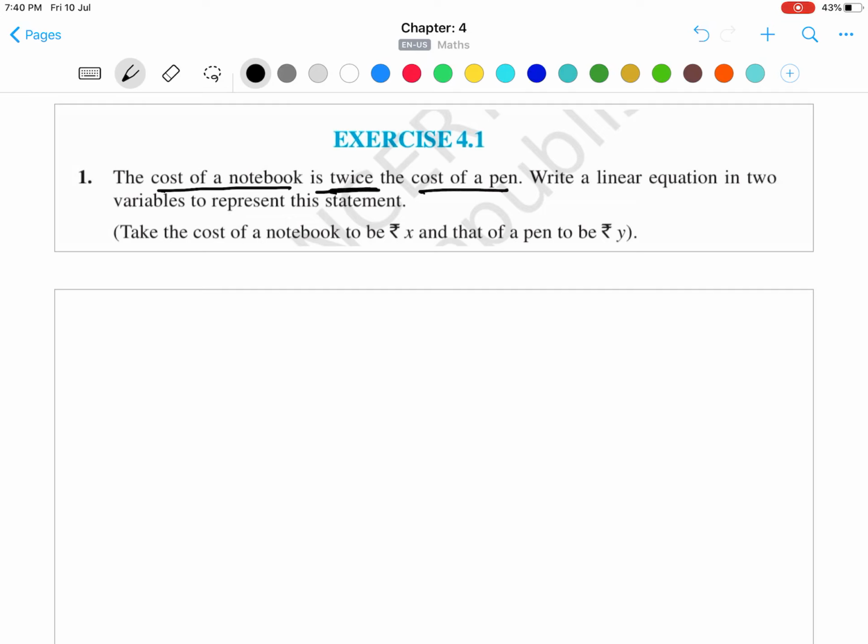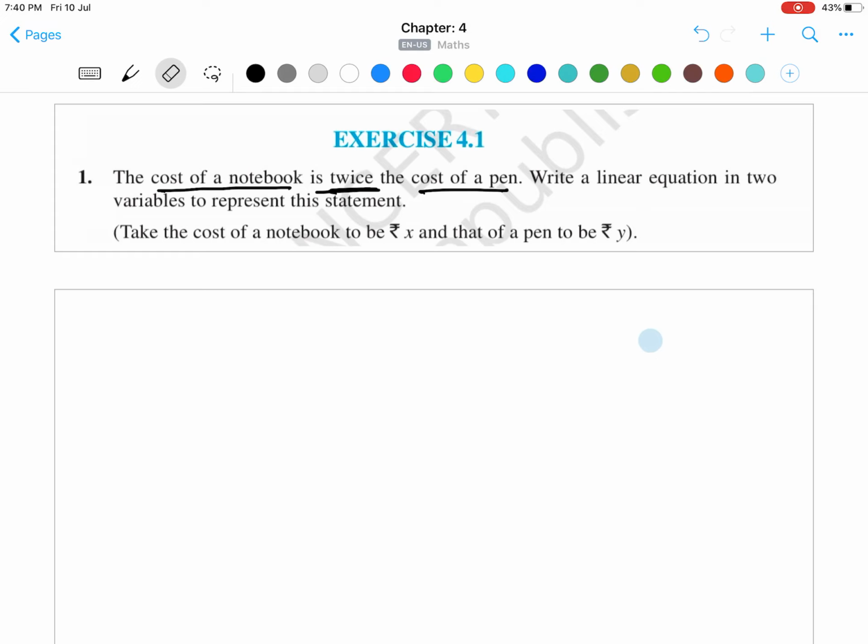That means if the cost of pen is 1 rupee, the cost of notebook will be twice, that is 2 rupees. If the cost of a pen is 5 rupees, its twice is 10, which is the cost of notebook. Similarly if the cost of pen is 100 rupees, the cost of notebook will be its twice, that is 2 into 100 equals to 200. Okay, that's what this question says.